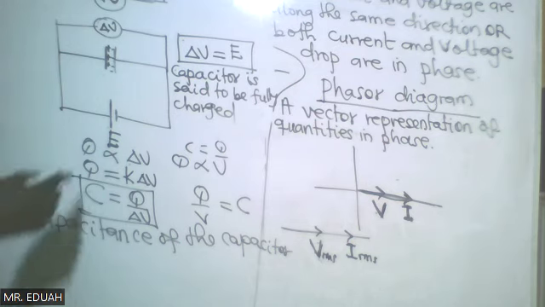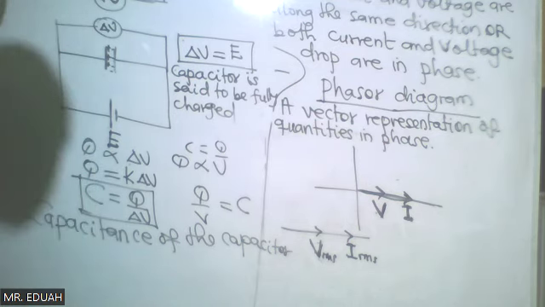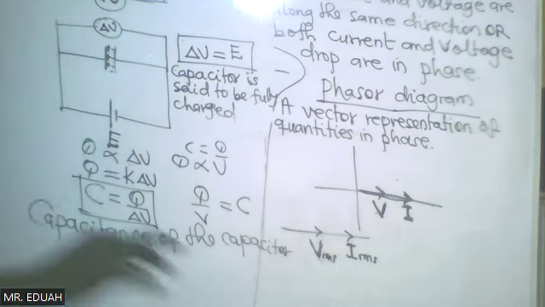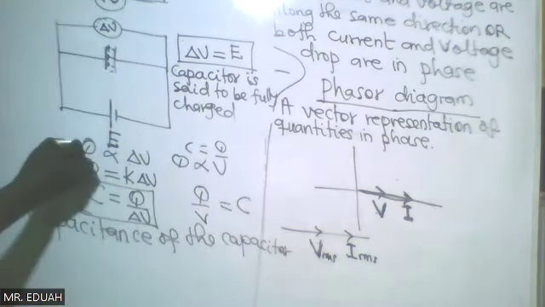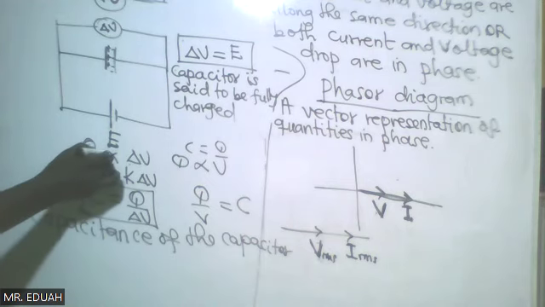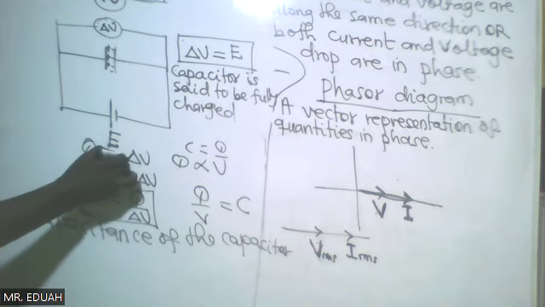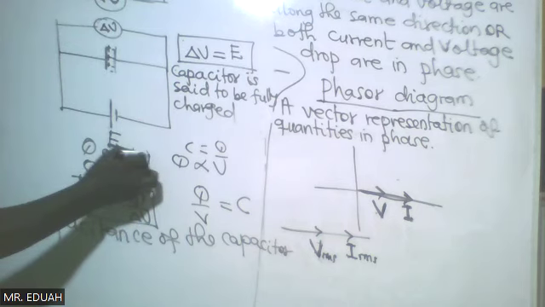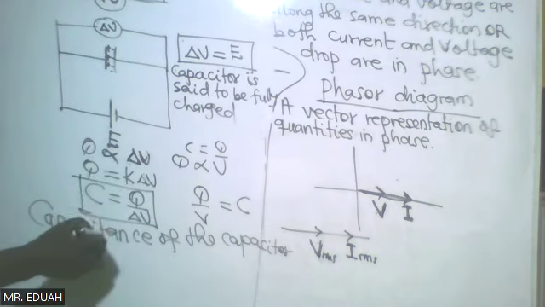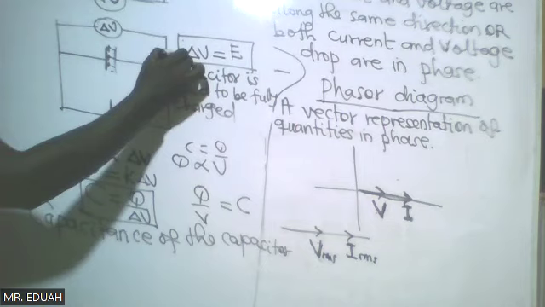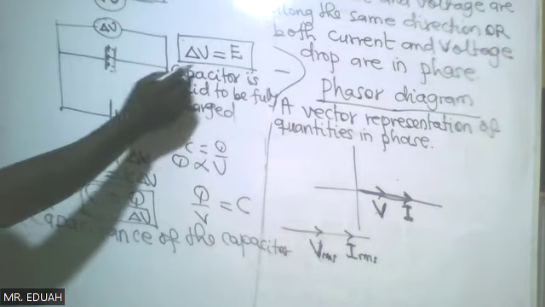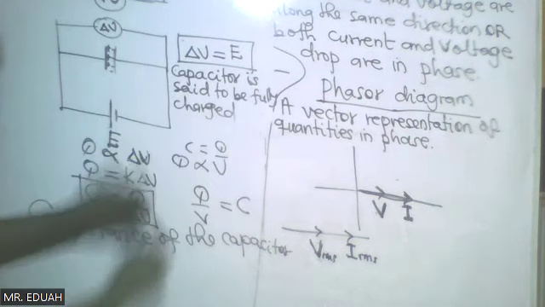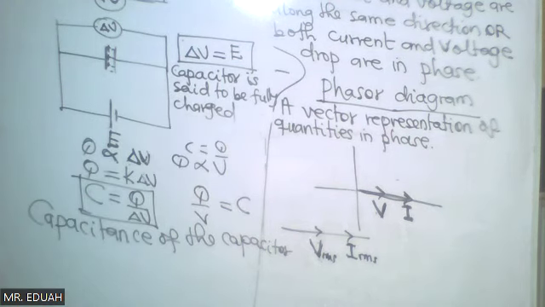So, for a capacitor connected to a battery, the charge Q stored on a capacitor plate is directly proportional to the change in potential across the capacitor. So if the change in potential, delta V, is equal to the EMF, then the capacitor is said to be fully charged.